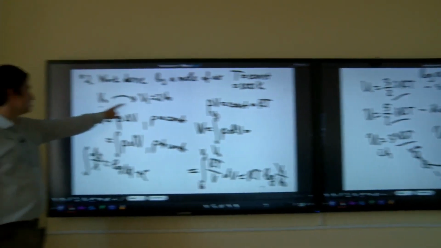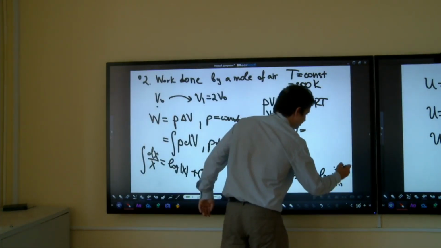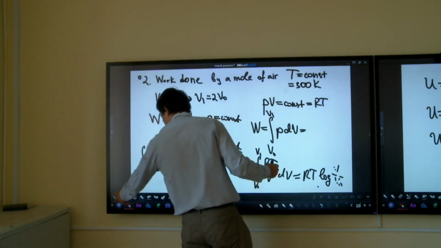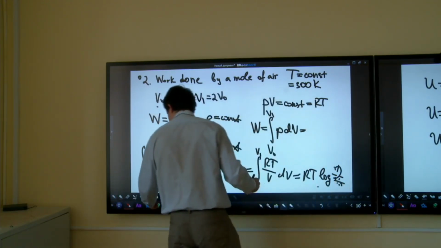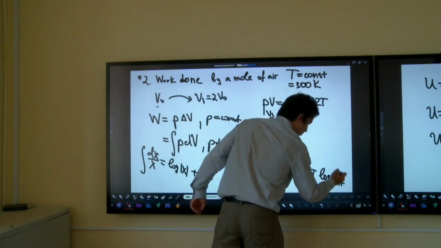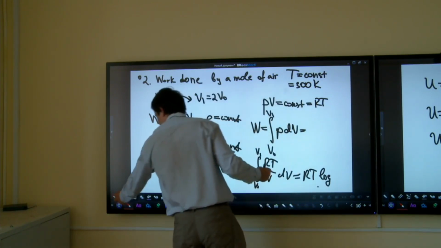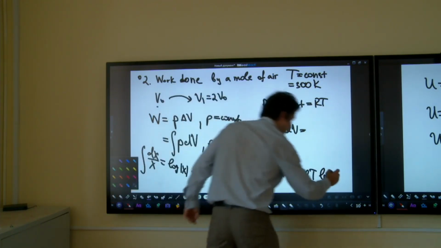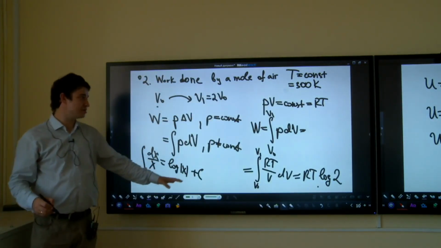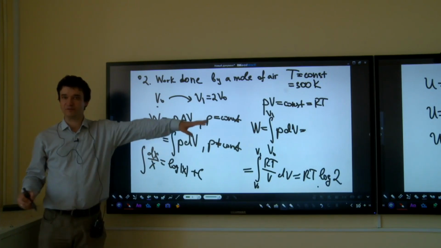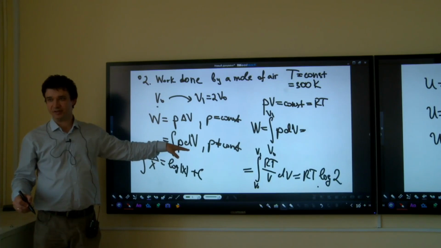So actually, since V1 is twice V0, I should replace this by 2. Oops, now it's a mess. RT logarithm 2. I have chosen this example because it's a very important part. I have shown you the formula P times delta V, but here actually it's an integral.